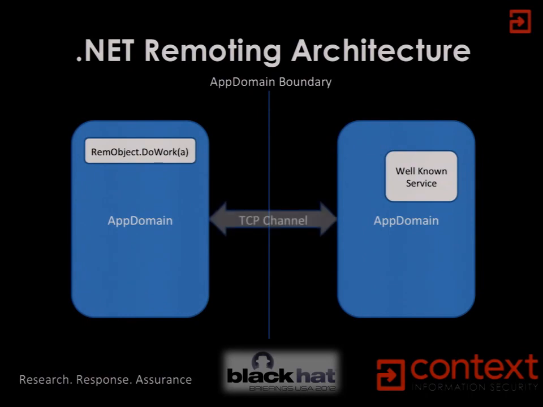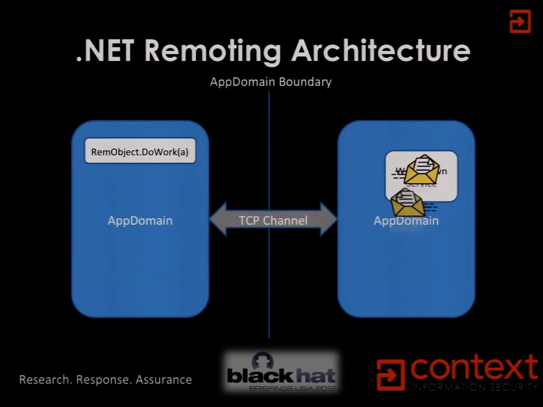So it creates first that TCP channel to act as the communication carrier, and then it has to package up all the request data. So it has to know who it's going to talk to at the other side, and also all the parameters have to be packaged up as well. So it packages that up, sends it across the link, and the well-known service will unwrap that and action that particular function call.